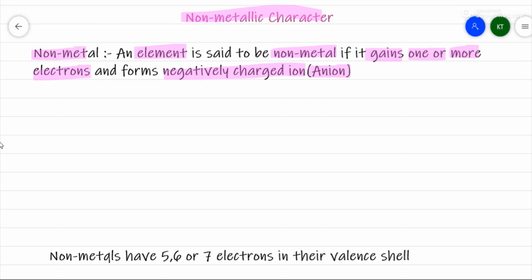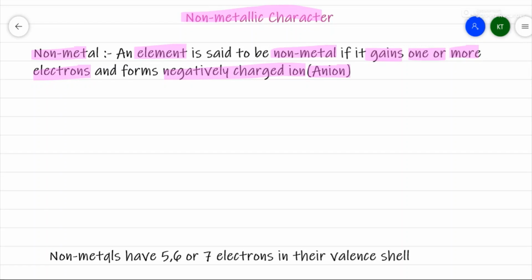So an element is said to be non-metal if it shows a tendency to gain one or more than one electron in its valence shell and results in a formation of negatively charged ion.